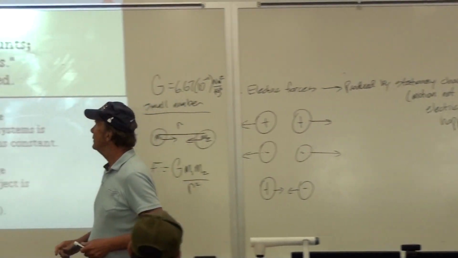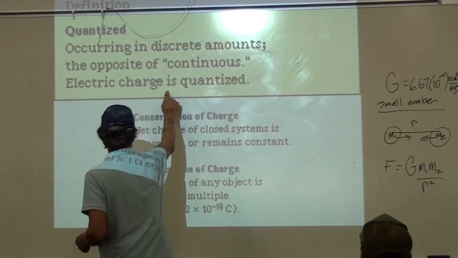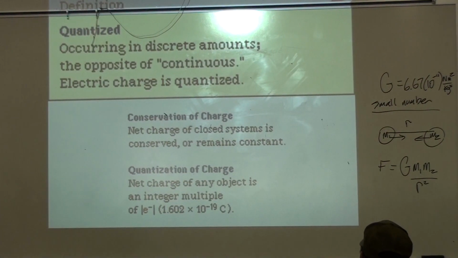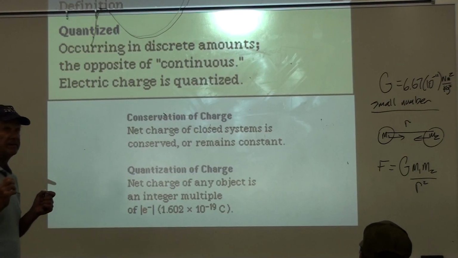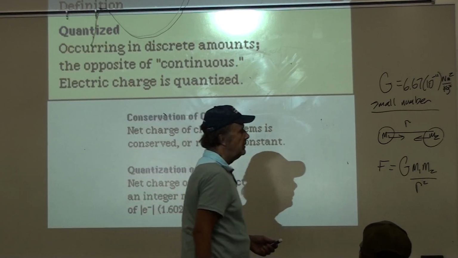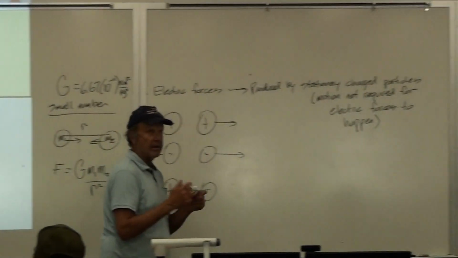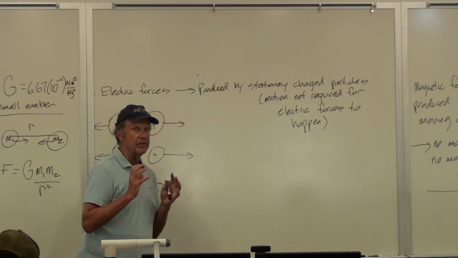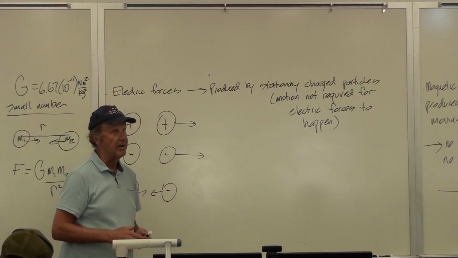Okay, so when we say charge is quantized, it means that it comes in elementary chunks. You can't just break a charge down infinitesimally small. If you keep taking apart charges and pulling them apart with little tweezers, you get to a certain point where you can't go any farther.